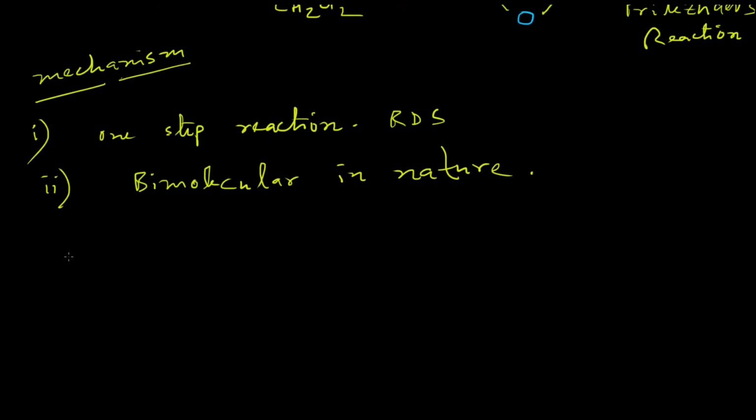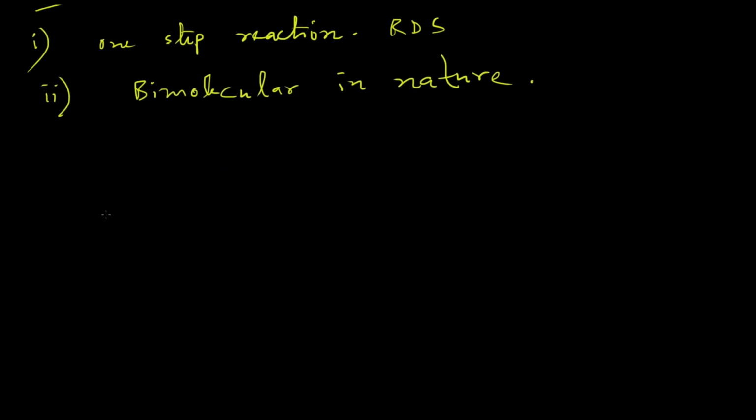Now let us take a look at the mechanism of this reaction. So this is the alkene, and this is our peracid.